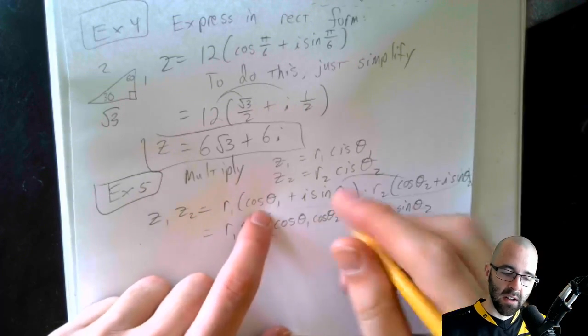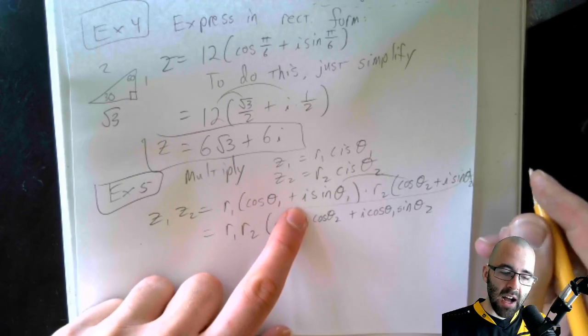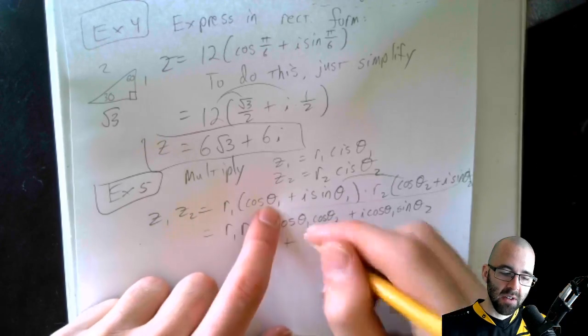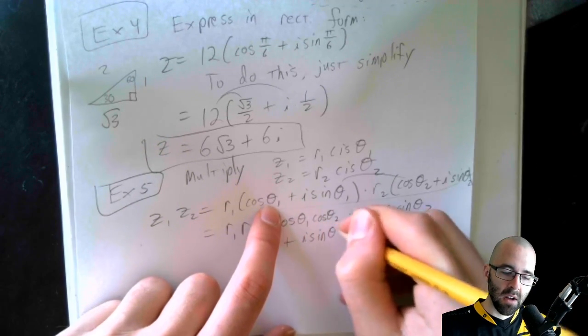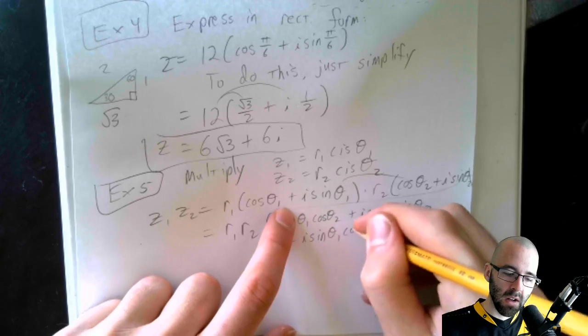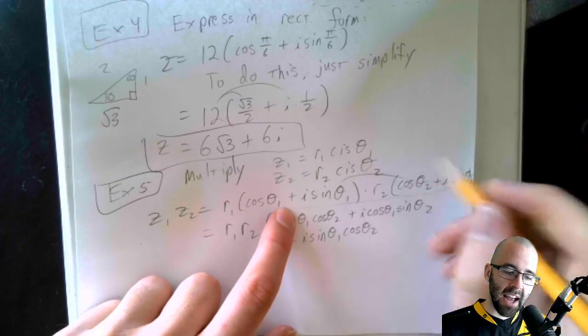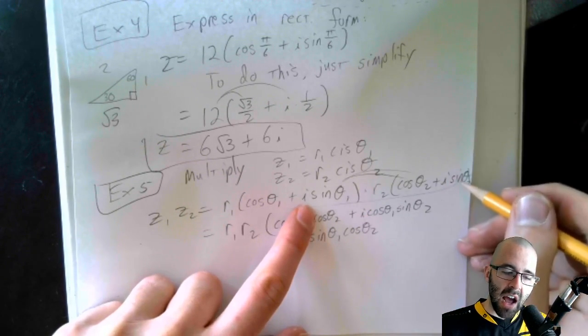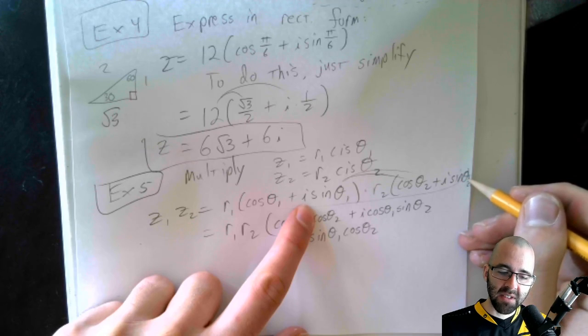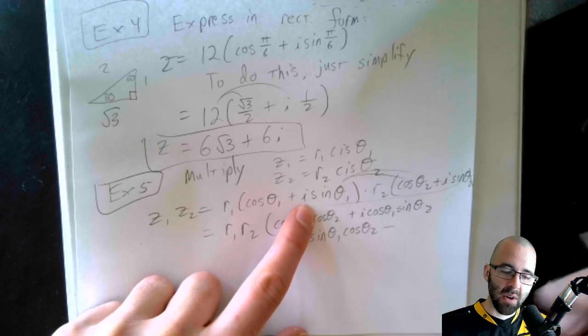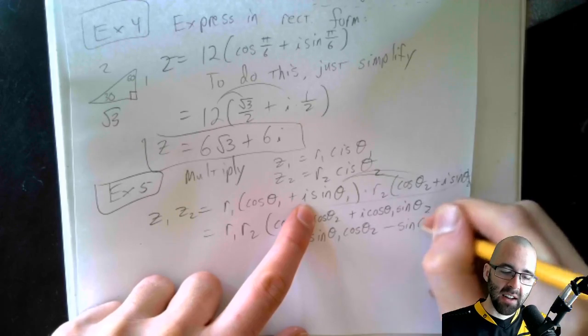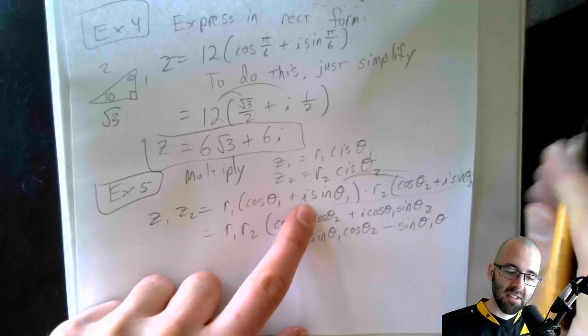Inner: I sine theta 1 cosine theta 2. Last: I squared sine theta 1 sine theta 2. I squared is -1. You get minus sine theta 1 sine of theta 2.